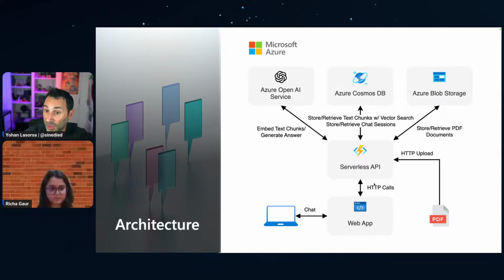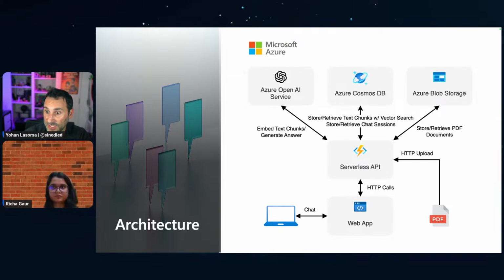Then when we want to answer any question from the user, again using an HTTP call, we go through our serverless API, basically doing a vector search on our knowledge base, and then using a chat model, GPT 4.1 in that case, through Azure OpenAI service, to build the answer.